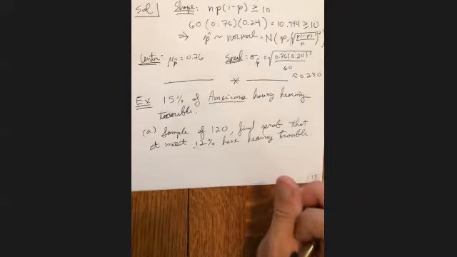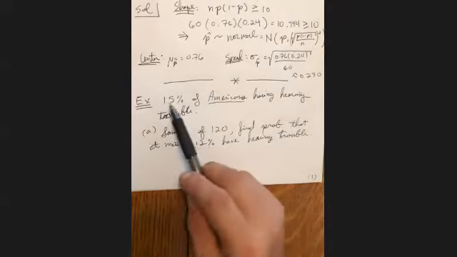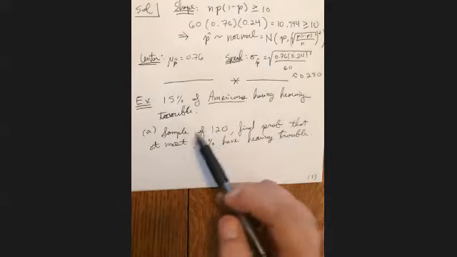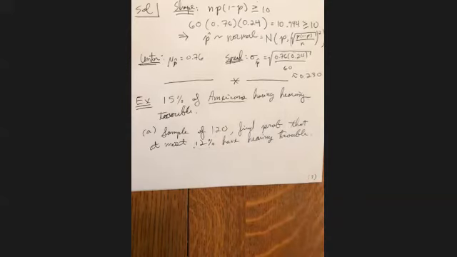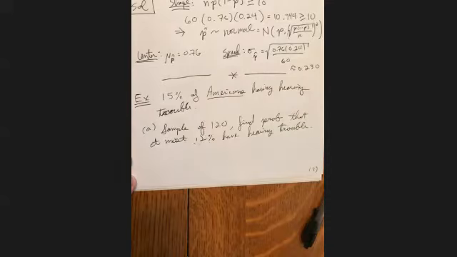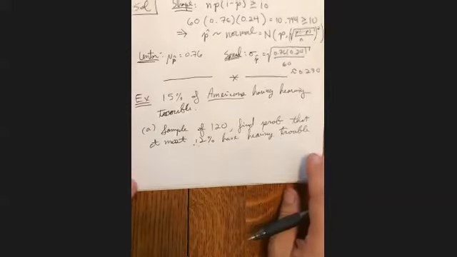Some will have more, up to, in excess of 15%, but we're only interested in those that report 12% or less. Okay, so let's see what the likelihood is that if we take a random sample out of this population, that sample will only have 12% of the people in that sample having hearing trouble.